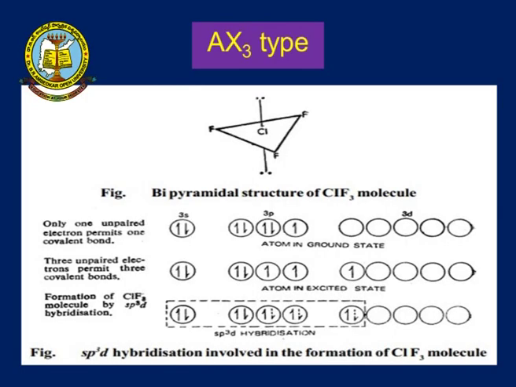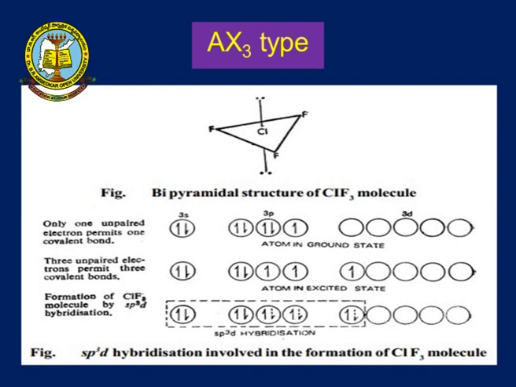Now come to the AX3 type of interhalogens. In AX3, the best examples are IF3, BrF3 and ClF3, etc. You take ICl3 or IF3. In ICl3, the iodine ground state electron configuration, just you see, 5s2 and 5p5, right, and 5d 0.